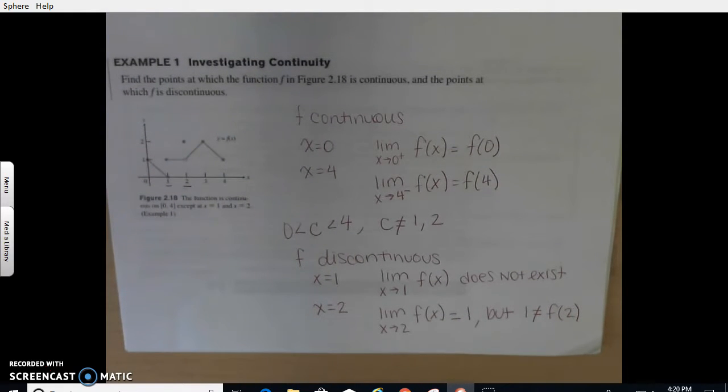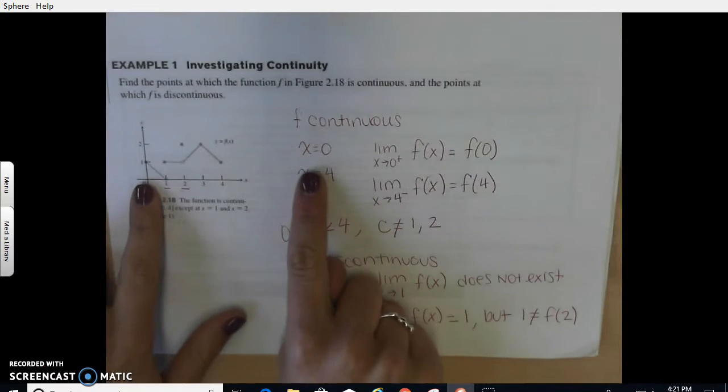So we first need to look at the relationship between the value of the function at a certain point and the limit. The limit and the value need to be equal in order for this to be a continuous function. We're first going to look at our two endpoints.